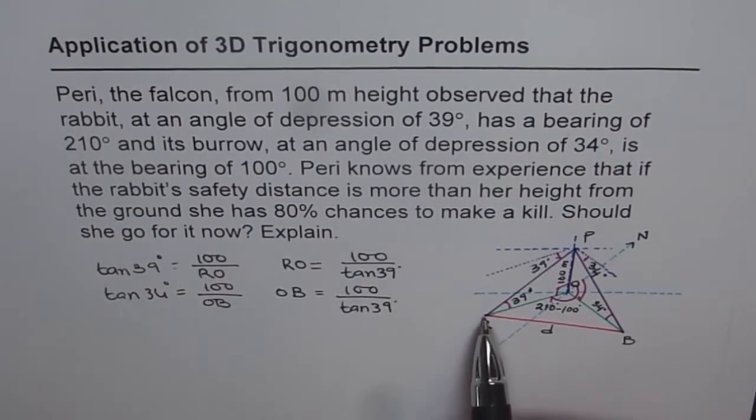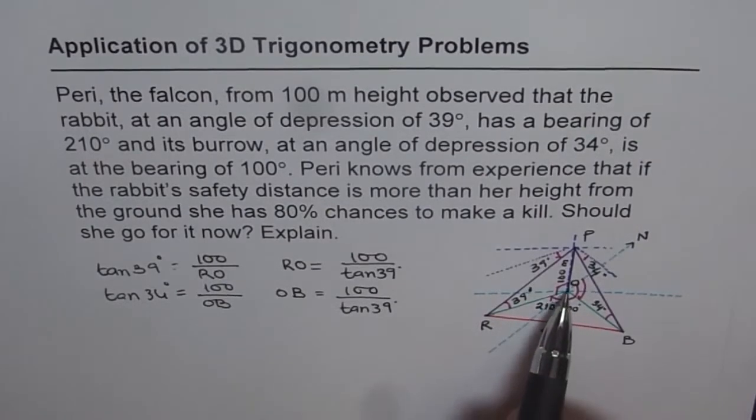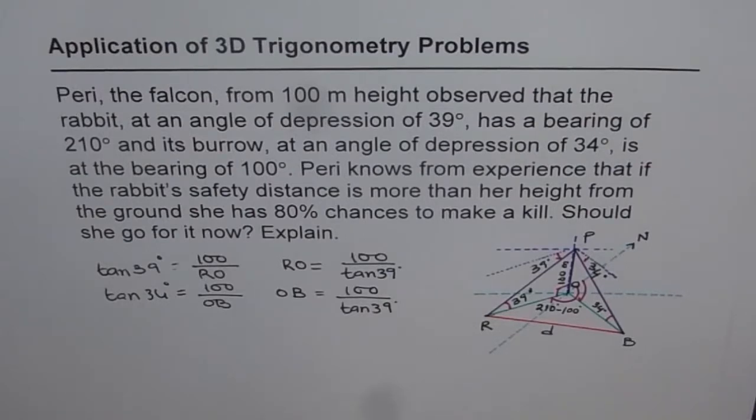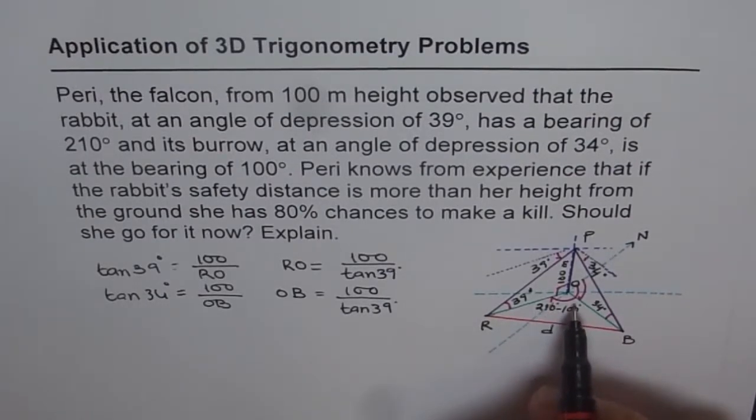Once you find RO and OB, you need the angle between them. The vertical angle at this vertex O is 210 minus 100, which is equal to 110.